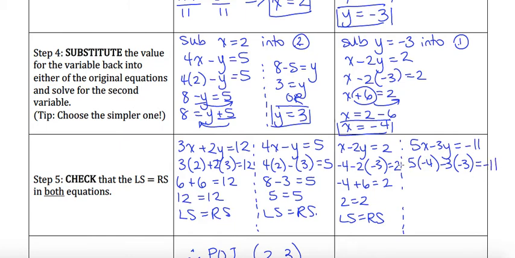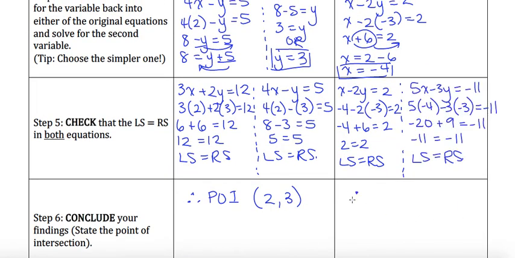All right, let's solve this. 5 times negative 4 is negative 20. Negative 3 times negative 3 is positive 9. Negative 20 plus 9 is negative 11. Left side equals right side. Excellent. Now we can conclude with certainty. Therefore, our point of intersection is negative 4, negative 3.